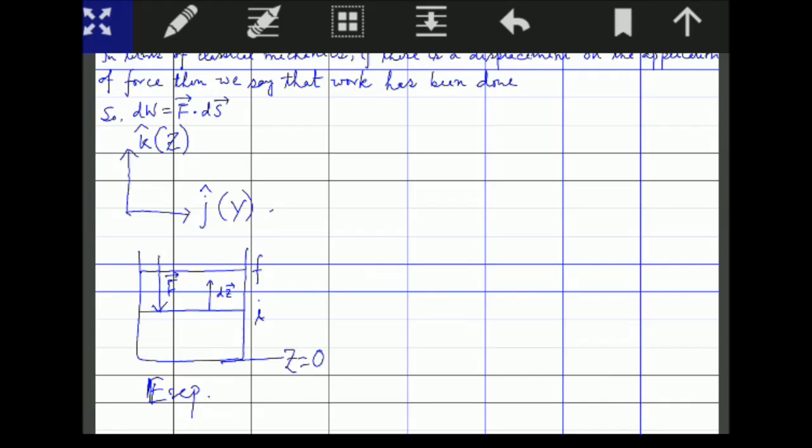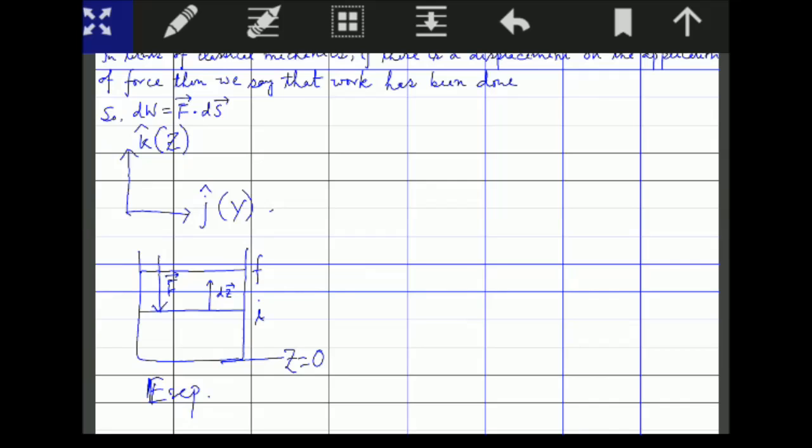Now let us discuss the expression of work done for expansion and compression of a piston. First, let us define a coordinate system with unit vectors attached to it as shown in the figure. Now dW, first let us discuss expansion.